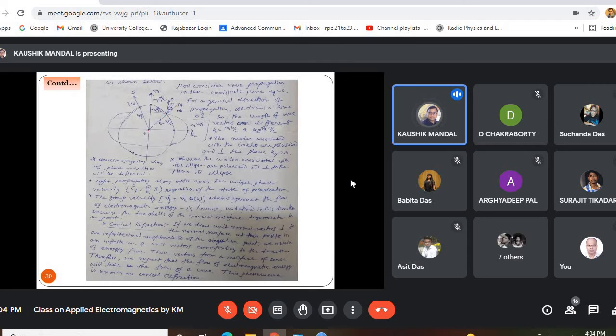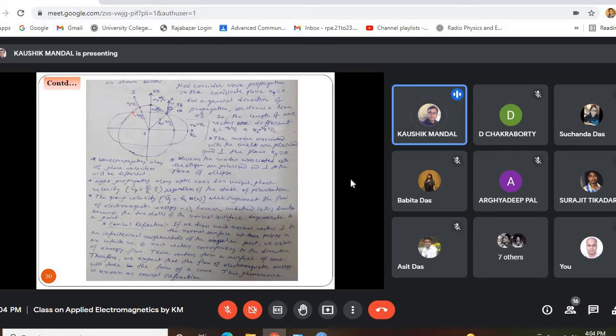This is passing through the center, though this is not as per the scale. Basically, this particular wave is not along the optical axis. This particular wave is along the optical axis. So only one optical axis is shown here, but another optical axis is not shown in this particular drawing.